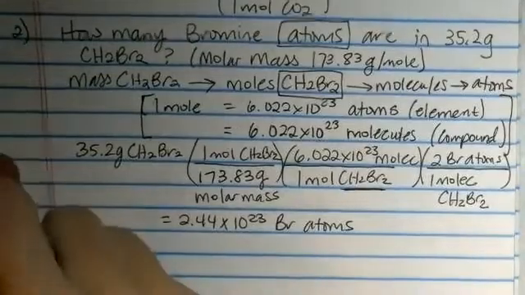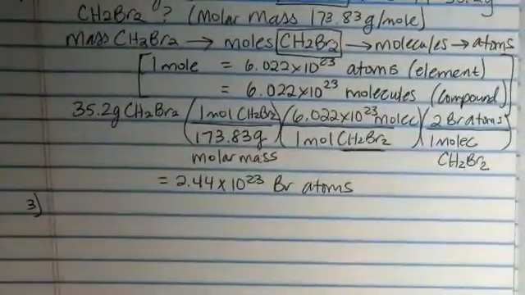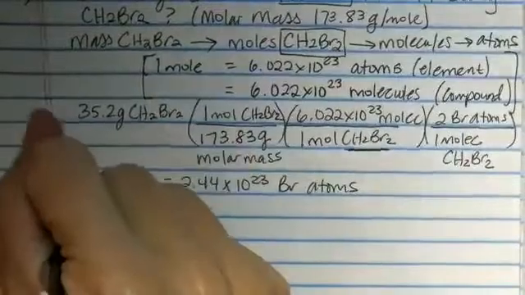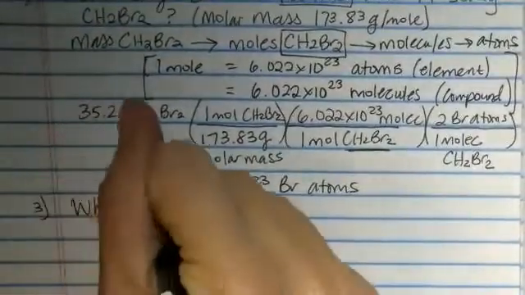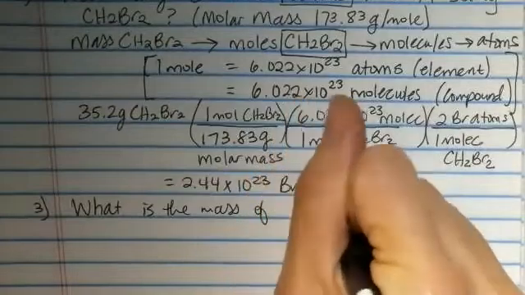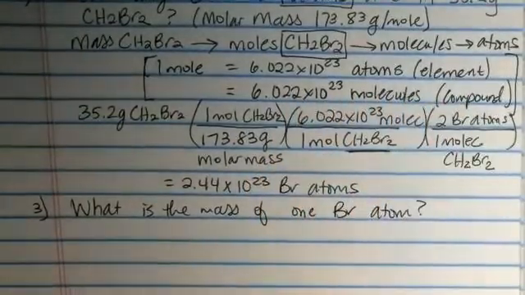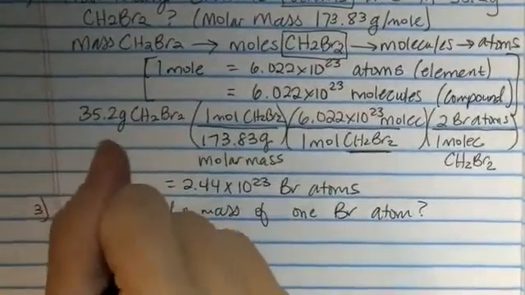And just really quick, I want to do one other example here, kind of going in reverse. You may have seen these in the homework. All right, so what is the mass of one bromine atom? I think there was one of these in the homework. And when you see the 1, you're thinking 1 sig fig, right?